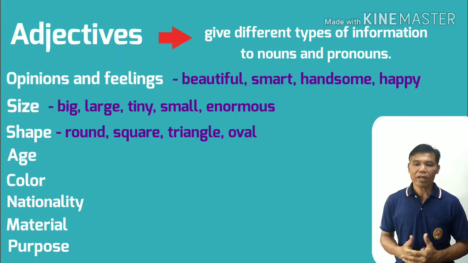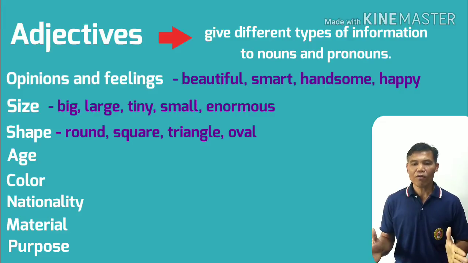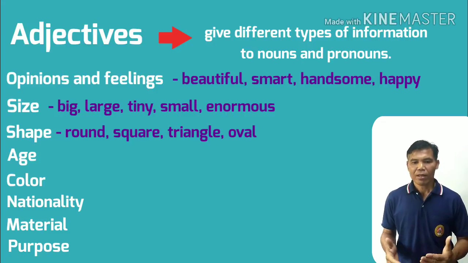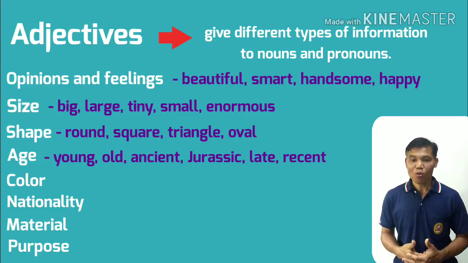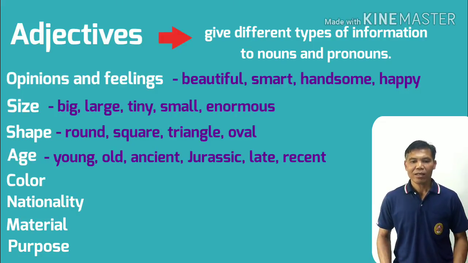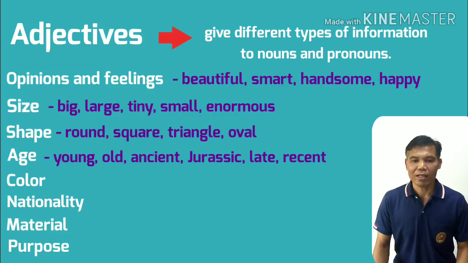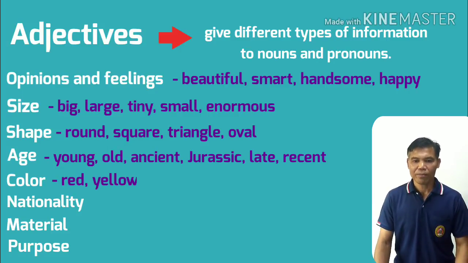Round, square, triangle, oval are adjectives that describe shape. Young, old, ancient, Jurassic, late, recent, early are adjectives that describe age.